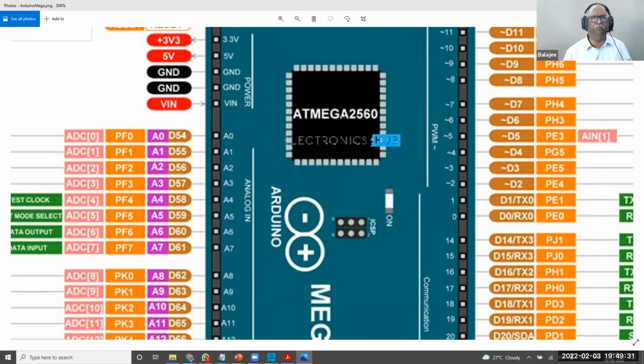This is the chip, and the connections are done by the board manufacturer. They made a PCB and gave it to you. The pins are all PF0 to PF7.